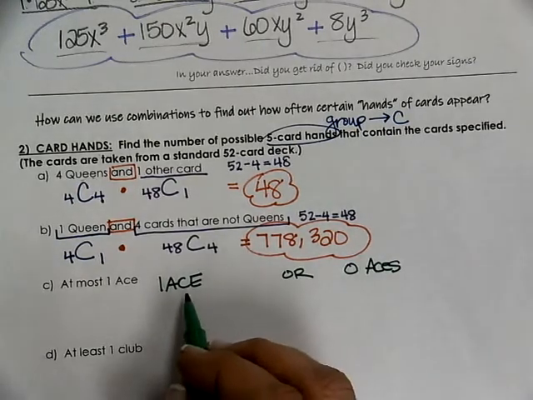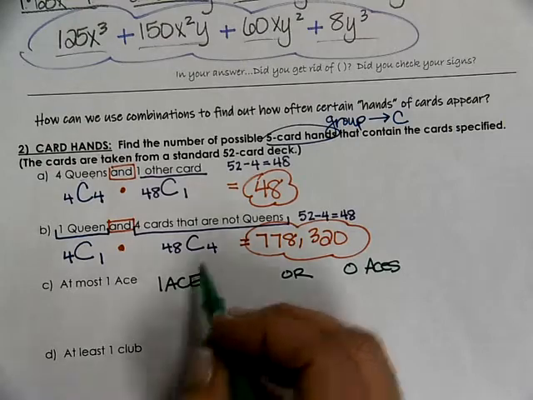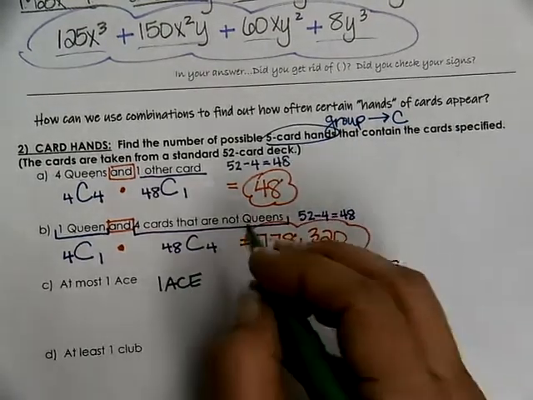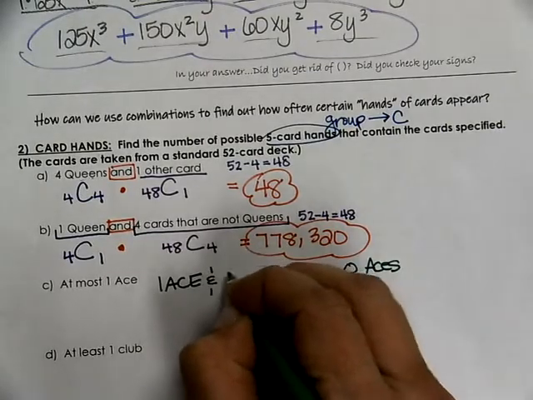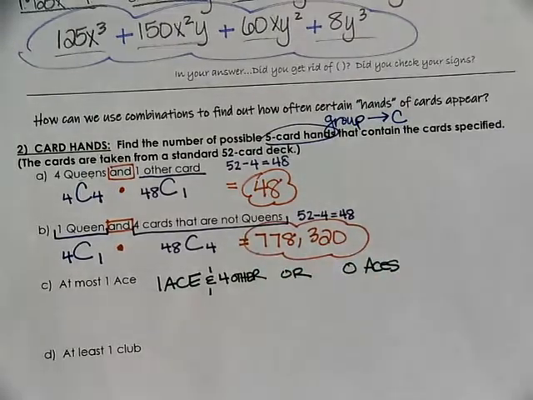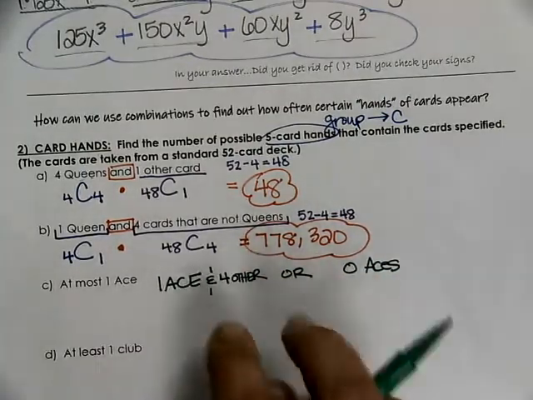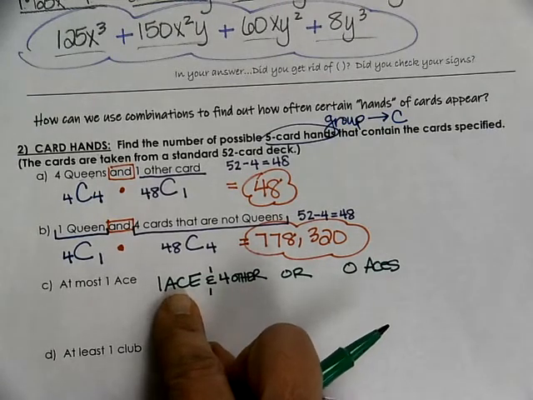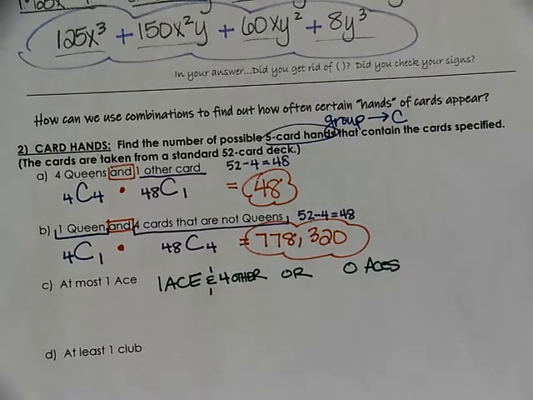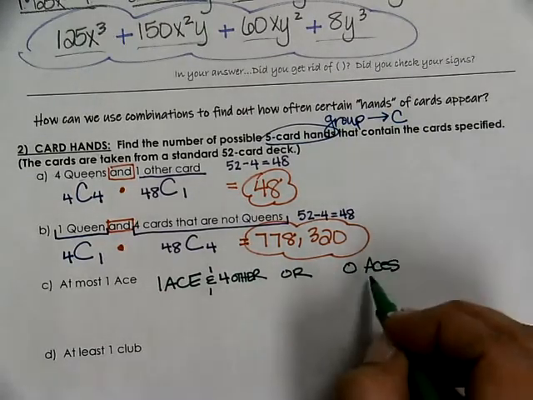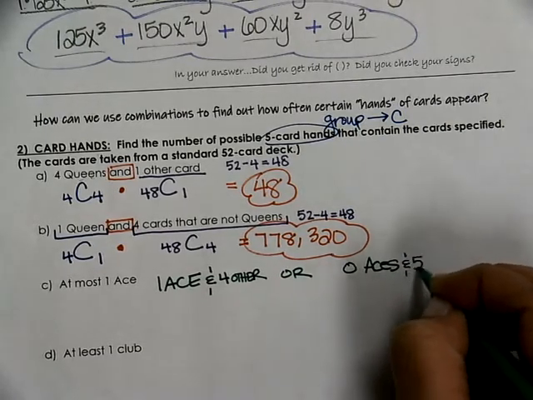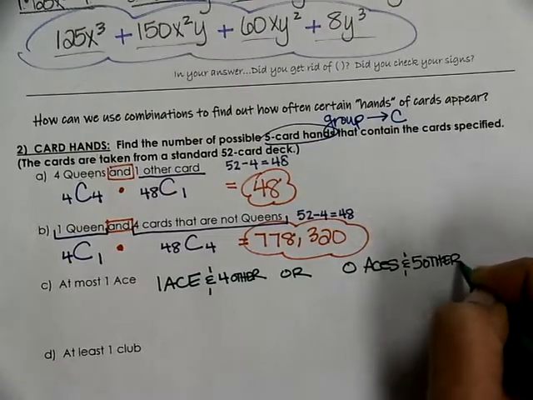If you have 1 ace in a 5-card hand, that means that at the same time as having 1 ace, you also need to have 4 other cards. So this is what we're going to look at. This 1 ace really implies that you need 1 ace and 4 other cards. And that means that if we have 0 aces, that means that we need 5 other cards.